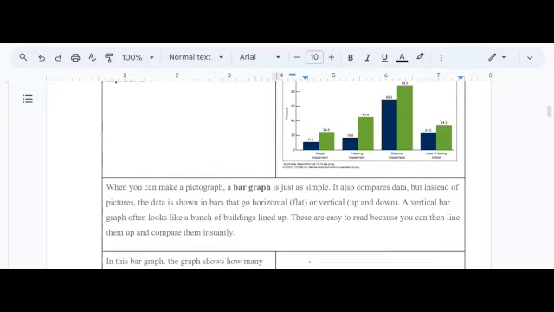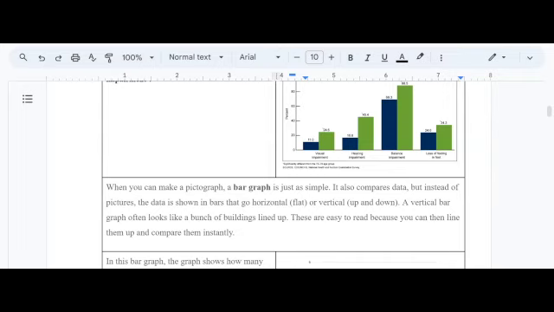You can make a pictograph, a bar graph, what they call it, is just a symbol. It also compares data, but instead of pictures, the data is shown in bars that go horizontal, flat, or vertical. A vertical bar graph often looks like a bunch of buildings lined up.